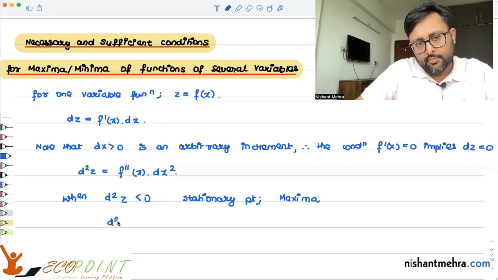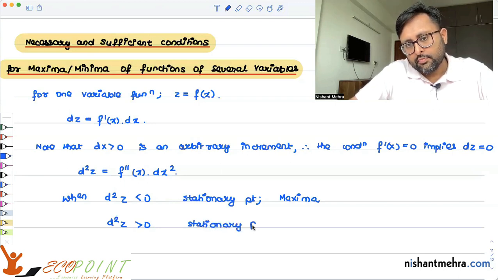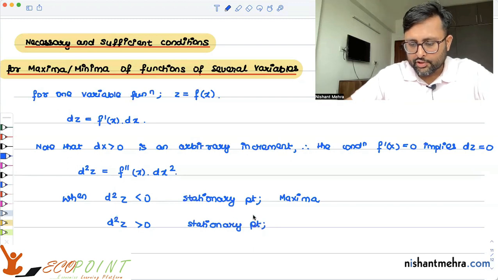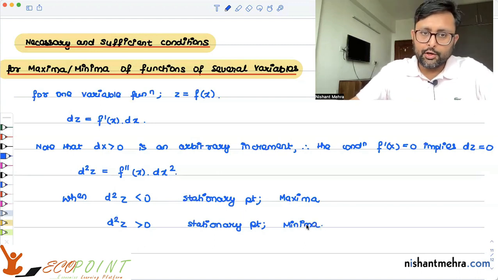And when d2z is greater than 0, then the stationary point is the point of minima. It is the point of minima.